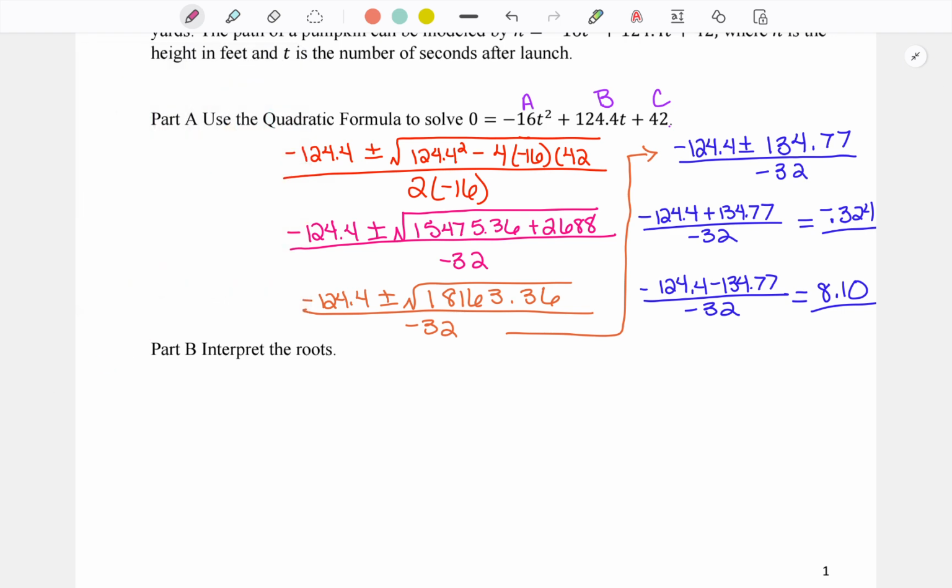What they mean is that, remember, they represent t. So when our height is 0, it's at these two times. Since that negative 0.324 is negative, and time after launch cannot be negative, negative 0.324 is not a valid answer.